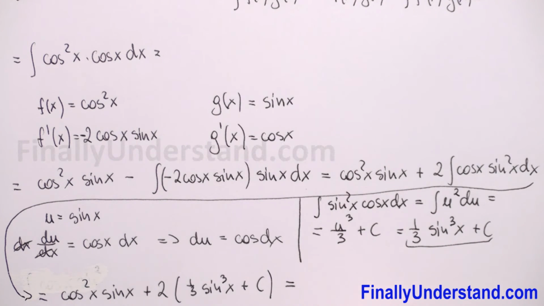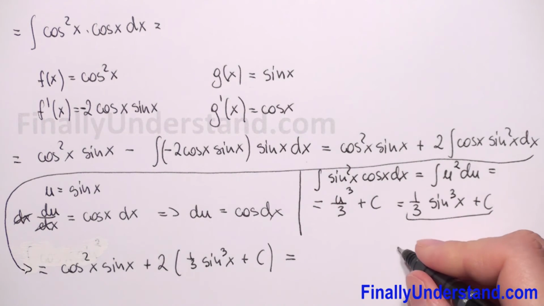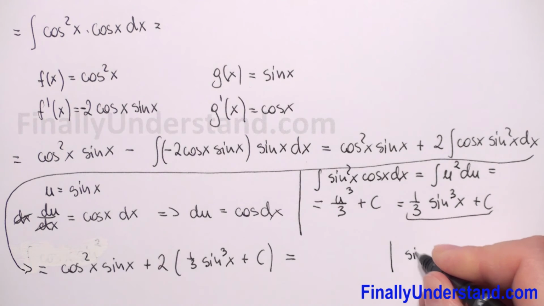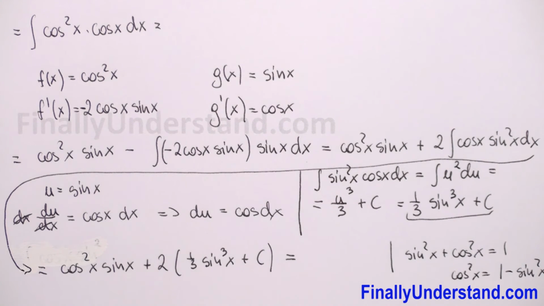So this is equal. We have cosine square here. We know that sine square of x plus cosine square of x is equal to 1. So cosine square of x will be equal to 1 minus sine square of x. So now we can replace cosine square of x by 1 minus sine square of x.